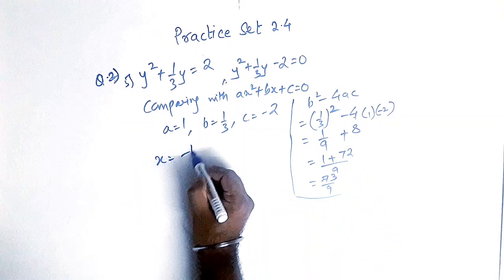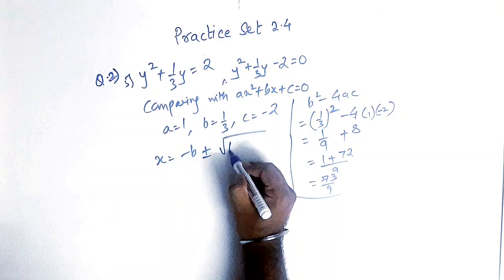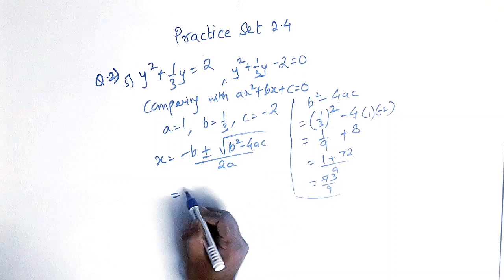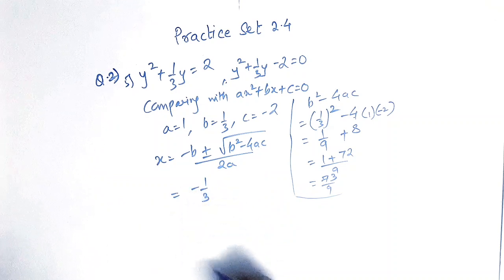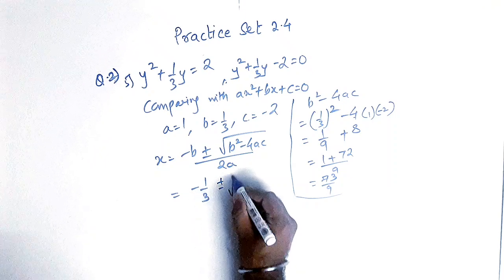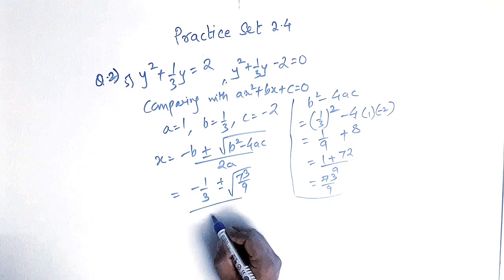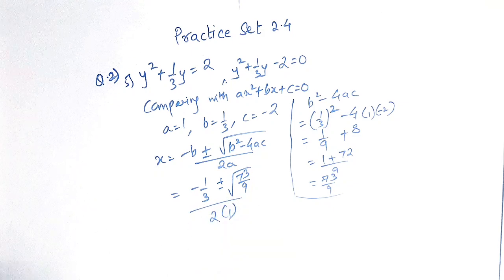Let us write the formula. X is minus b plus or minus root of b square minus 4ac by 2a. So minus b is minus 1 by 3 plus or minus, this is 73 by 9 upon 2a.